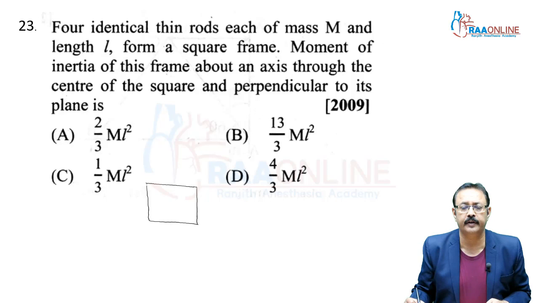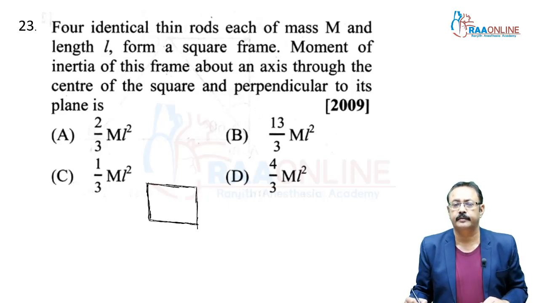So these were 4 rods. One rod, second rod, third rod, and this was the 4th rod. Now, about which axis do we want to calculate the moment of inertia?